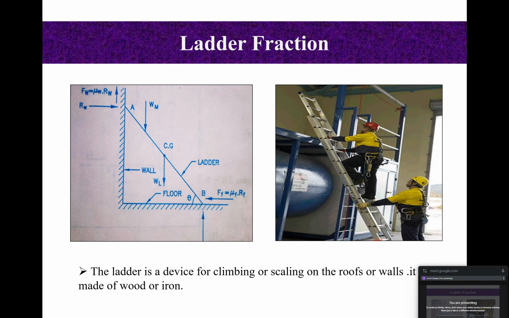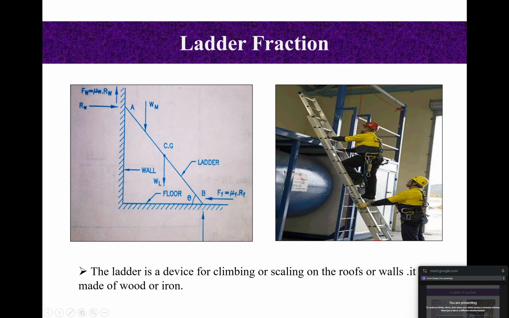So this is the case of a ladder. I'm not sure if ladder is something you need to know. However, we can discuss it. So when you have a ladder against a wall, this is the wall here and this is the floor. There are some forces acting from the floor against the ladder and also from the wall against the ladder.